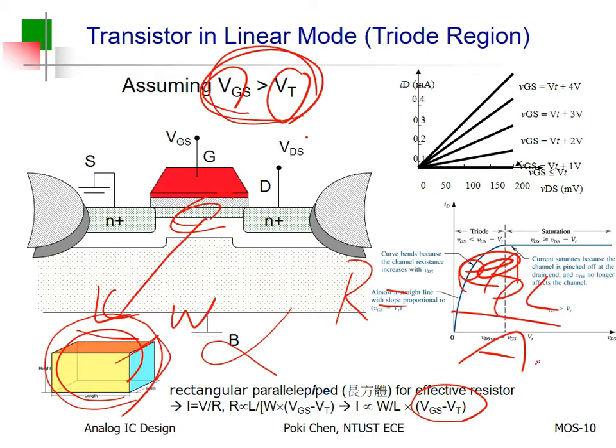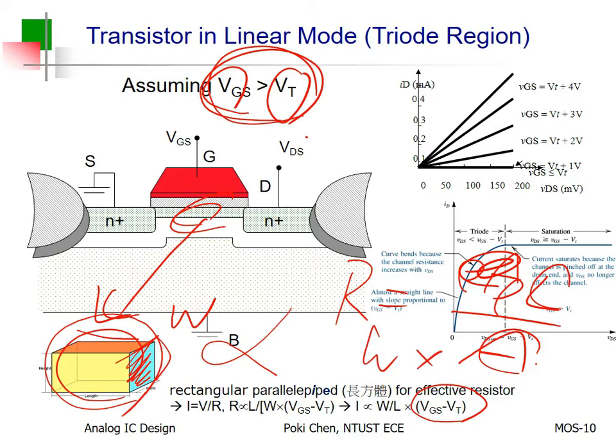This is the length. And what is the area? This is the cross-sectional area. So what is that? Width by depth.